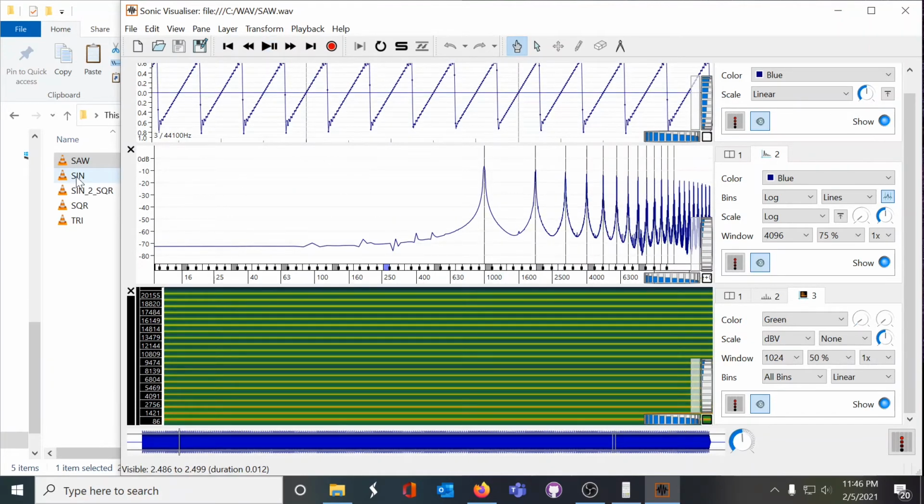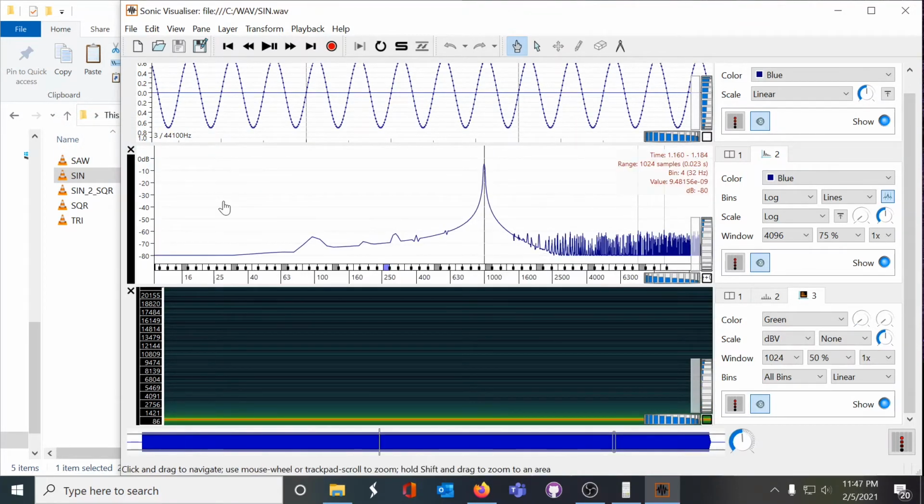Before we shift back to the blackboard, let's ask ourselves a question about bandwidth. The bandwidth of a sinusoid is very small because it's only composed of a single frequency. In this particular case, it's 1 kilohertz.